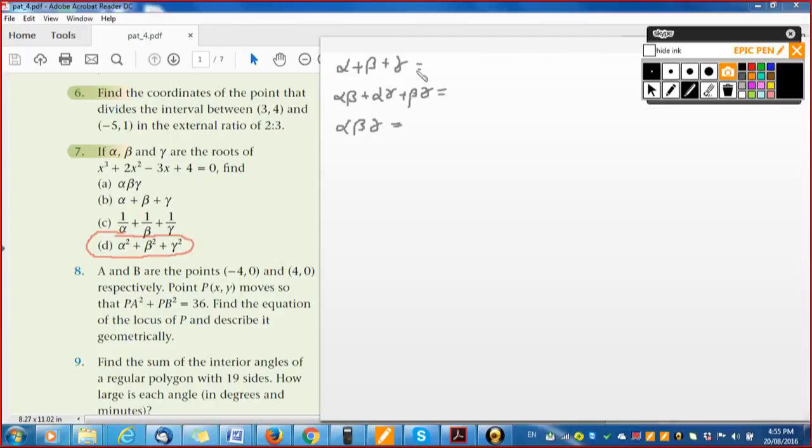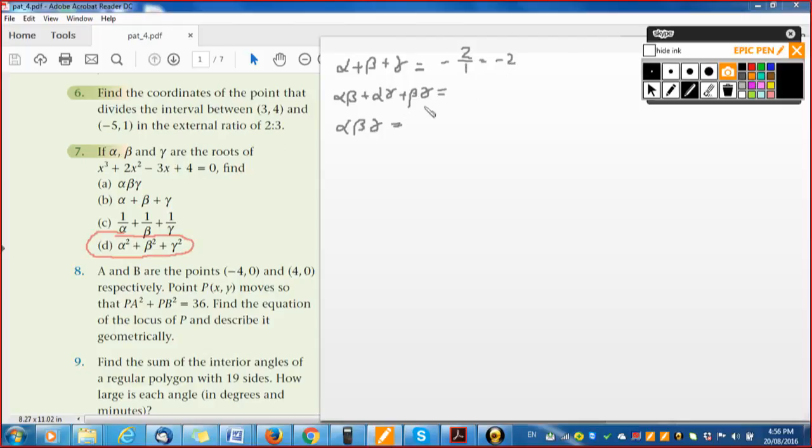Now, what's each one of those going to be equal to? Minus B over A. So for the first one, minus B over A, which is minus 2 over 1, which is minus 2. Got that?